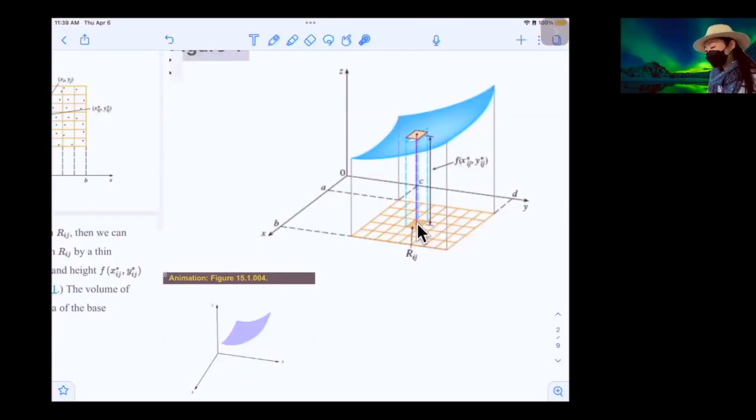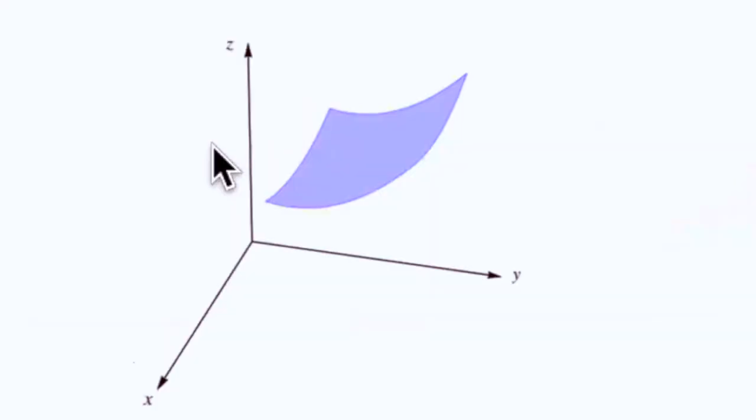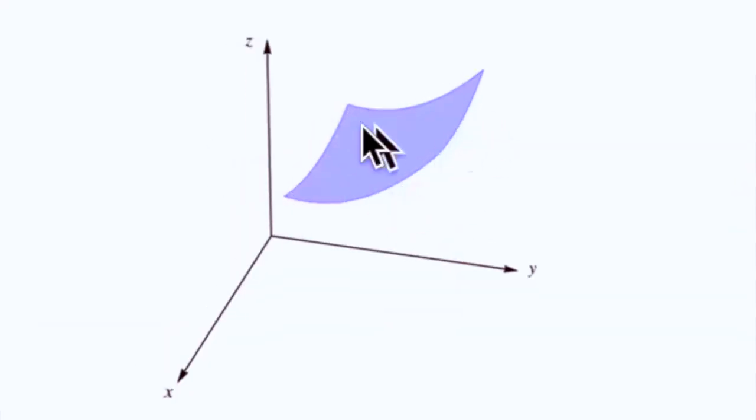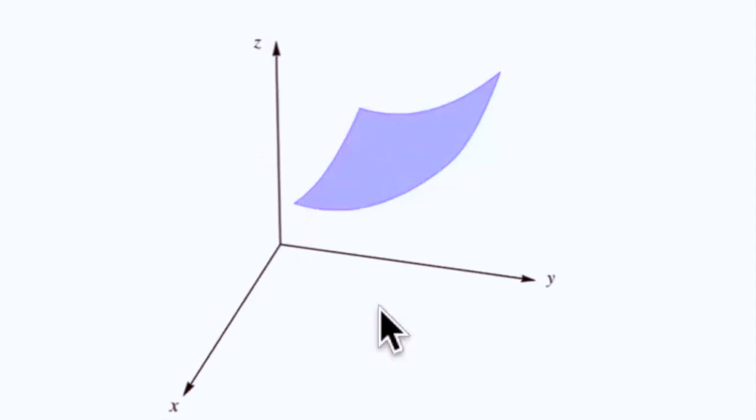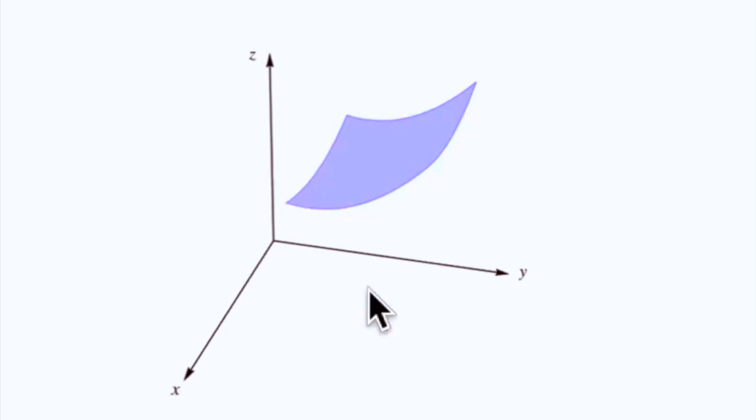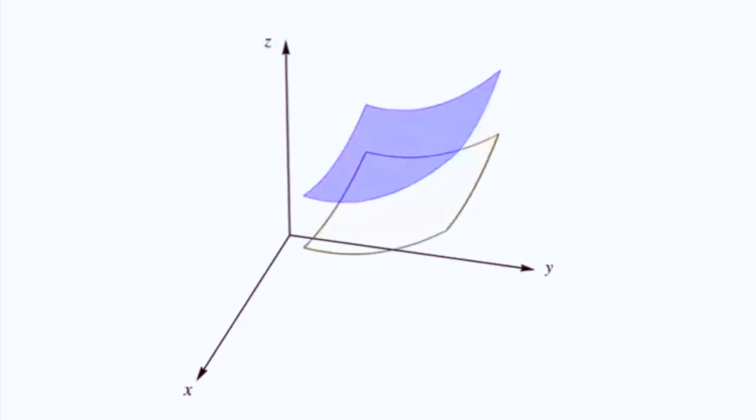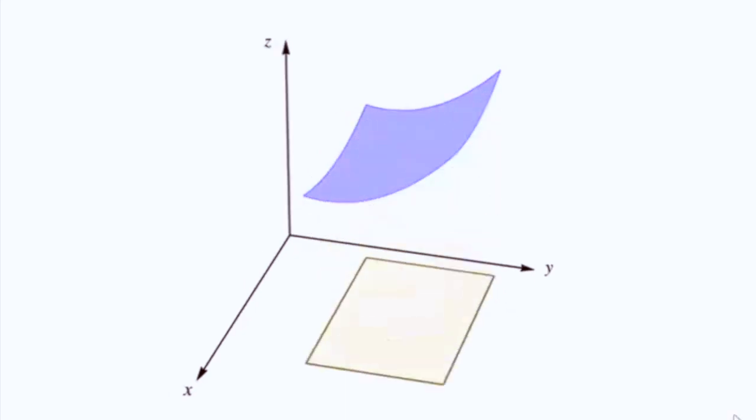Now, it might be good to see the animation, so let's do the animation. Now this is the surface, right? It's the graph of the function above that rectangle on the xy plane. Our goal here is to find the volume of the solid that's under this surface and above the xy plane. So we project the surface onto the xy plane.